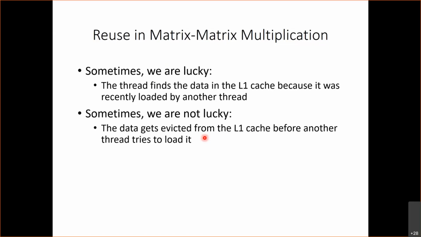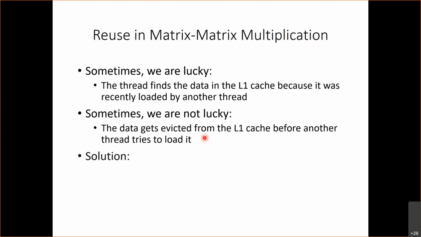And for that, sometimes we might want to rely on the L1 cache, but for some things where we know that the data reuse is extremely high, like matrix multiplication, it's probably better for us not to rely on the L1 cache, but to try and do the caching ourselves using shared memory.